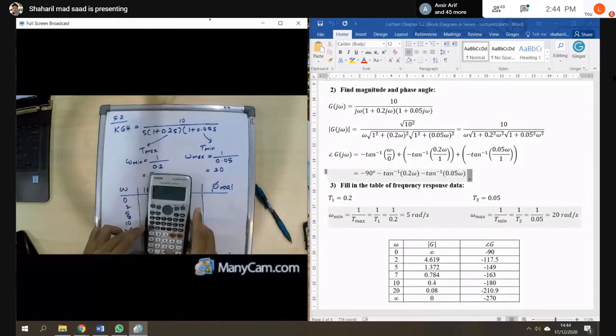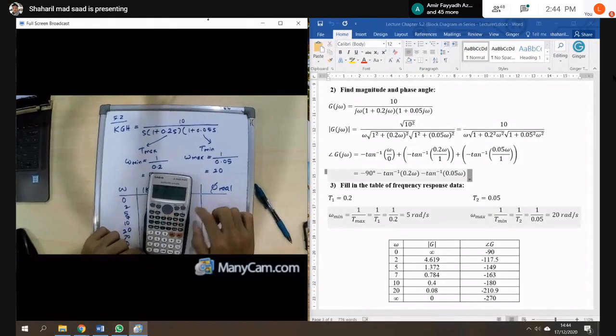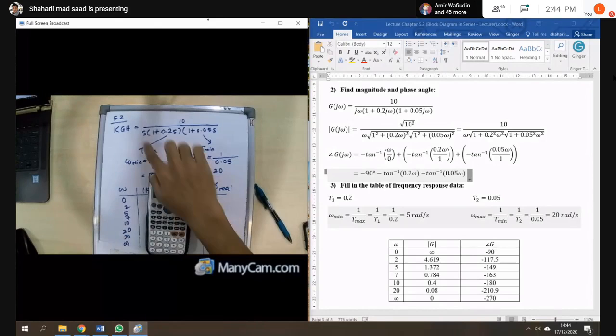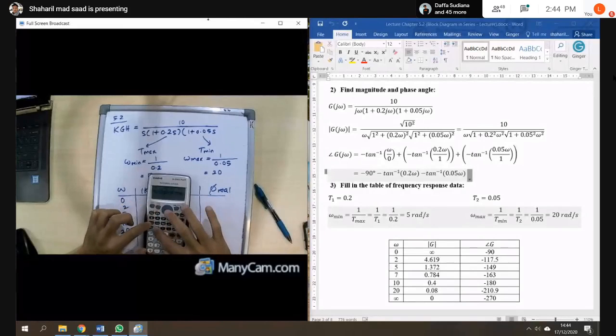What you have is 10 divided by s, where s will be your j, times (1 plus 0.2 j), times (1 plus 0.05 j).